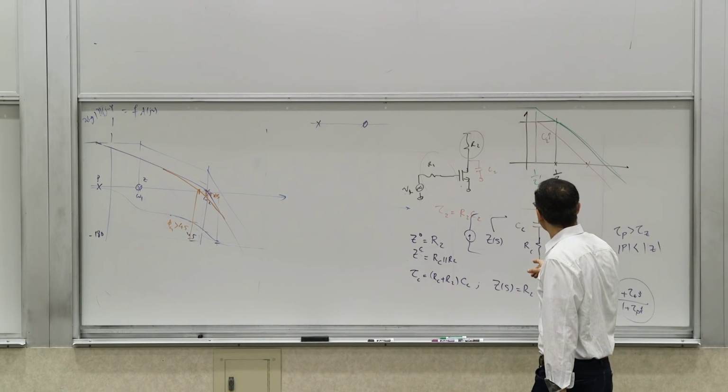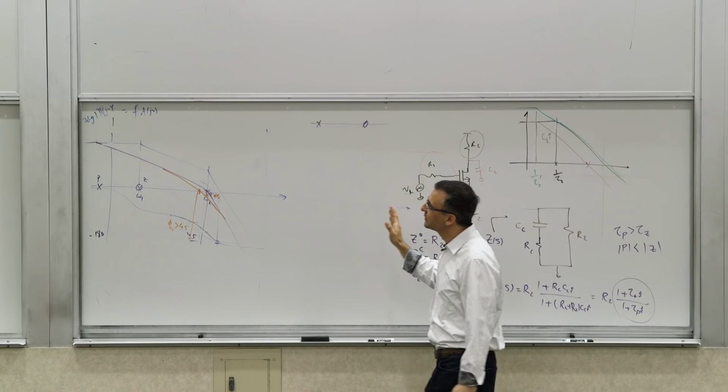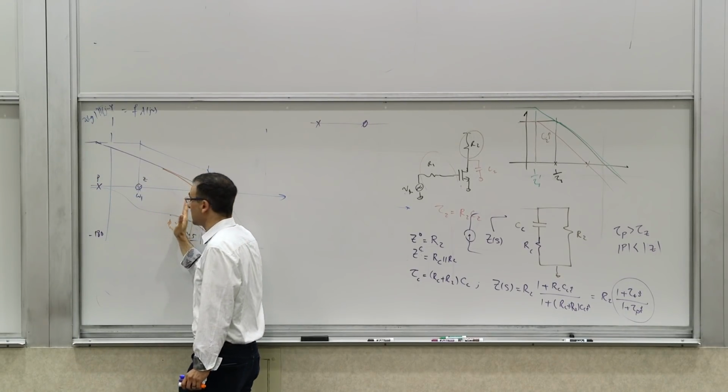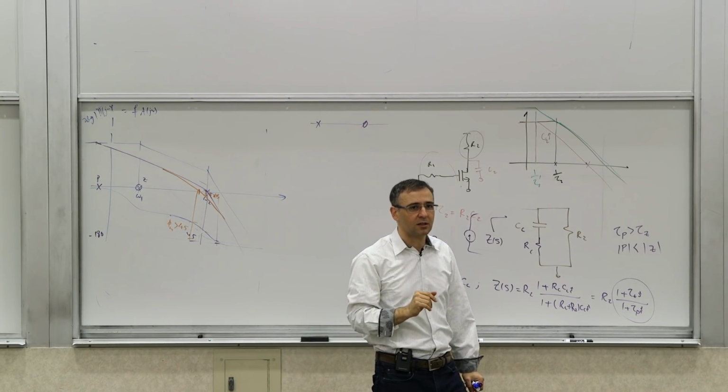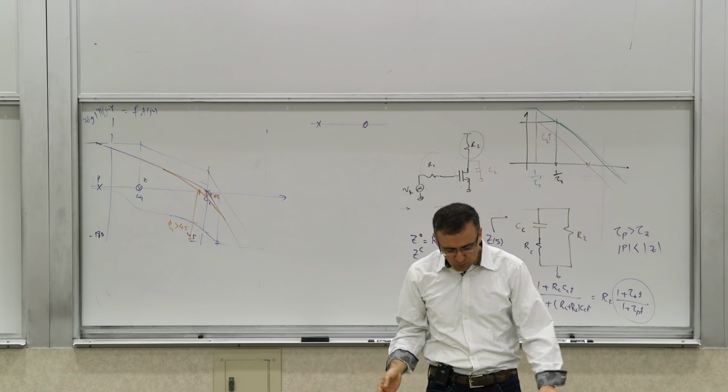But do you see that by introducing this RC branch, and by placing it judiciously, we can create a situation where you have sufficient phase margin and the proper phase response? So that's one way to do it.